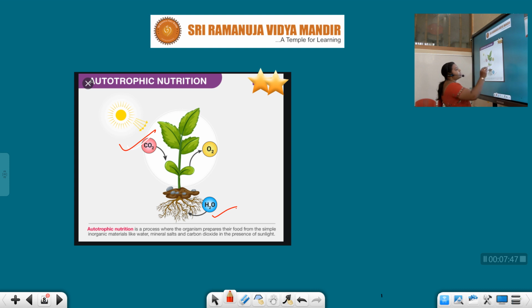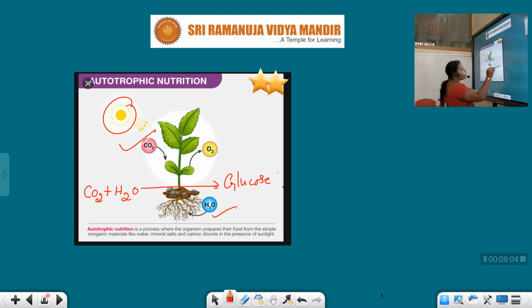Understand children? When carbon dioxide mixes with water in the presence of sunlight, the plant can synthesize glucose. Glucose is one of the carbohydrates. Along with glucose, it also gives us oxygen and water.